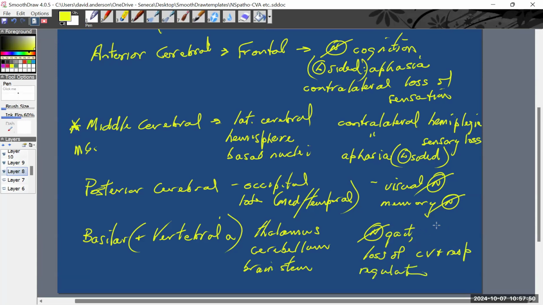The gait is cerebellum, and so on. So all of these are just really basic summaries of what you could expect to find. But understand that the whole point of this slide is to understand that these blood vessels have regions that they're responsible for. And if there's a clot in any of these regions, we're going to have loss of function for what those regions were responsible for.